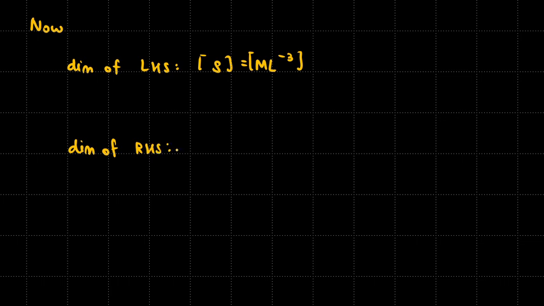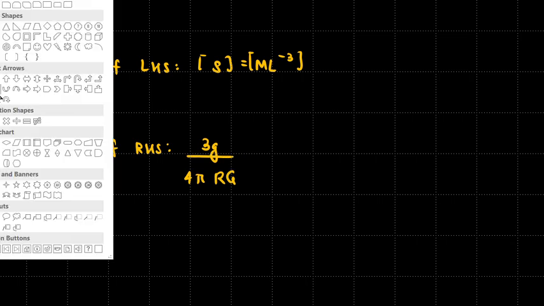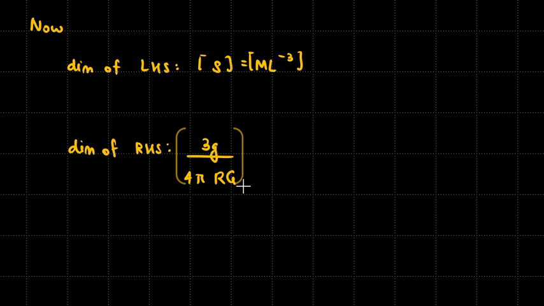Now the dimension of LHS is the dimension of rho, which is M L to the minus 3, and similarly the dimension of the right hand side, RHS, is the dimension of 3g by 4 pi RG. Let me add the brackets to make it pretty. They're supposed to be square brackets, but I'm making round brackets, don't mind it.